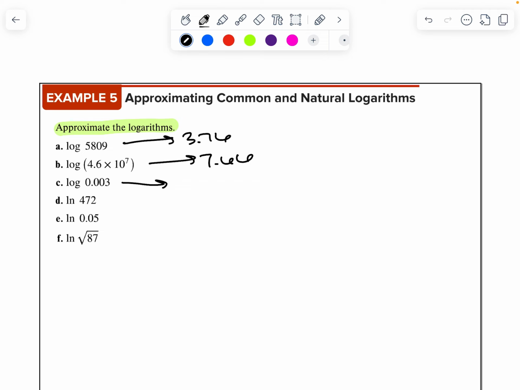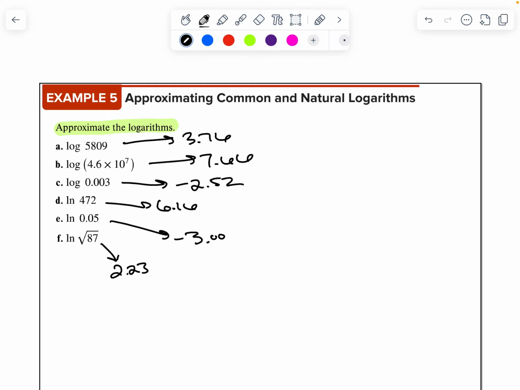Log of 0.003 is negative 2.52. ln 472, that's the other button on the calculator, the natural log button, is 6.16 if I round it. ln 0.05 is negative 3, almost on the dot. If I round it to 2 decimal places, ln of square root 87 is 2.23.